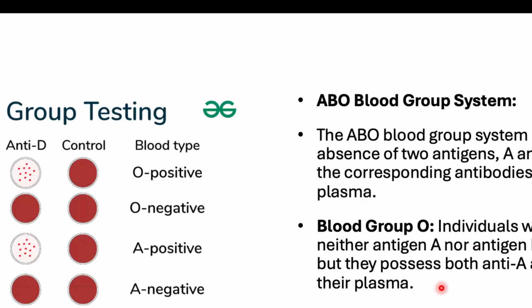Now what is this Rh blood group system, the positive negative system? The RhD antigen is the most significant antigen in the Rh system. If an individual has the RhD antigen, they are considered Rh positive, and if they lack it, they are considered Rh negative. So O positive, the question was a person with a blood group of O positive, right? And what are anti-D antibodies? Anti-D antibodies are produced when an RhD negative individual is exposed to the RhD antigen. So now we have a person who is O positive.